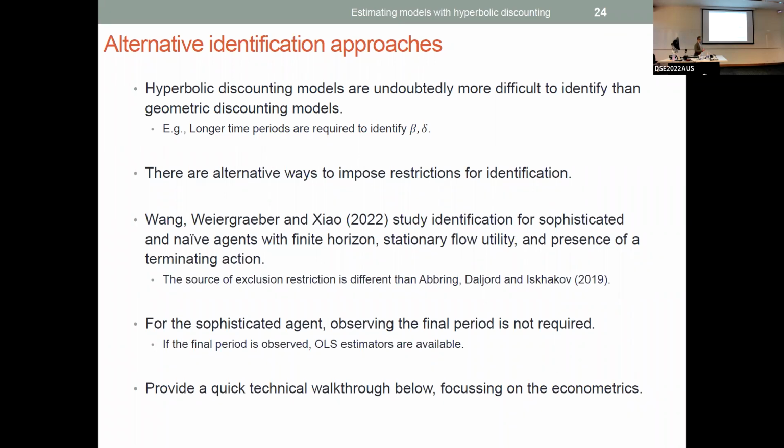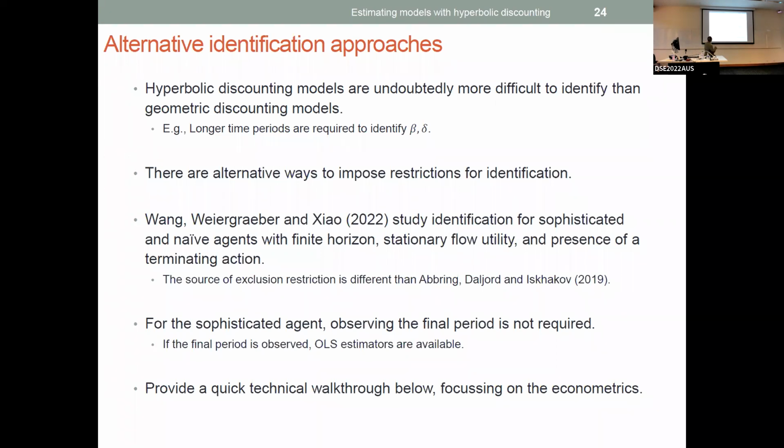Alternative identification approach. The Bring et al. paper gave one approach, and I'm going to talk about an alternative approach. They have different approaches slicing the distribution, so they complement each other in a very interesting way.